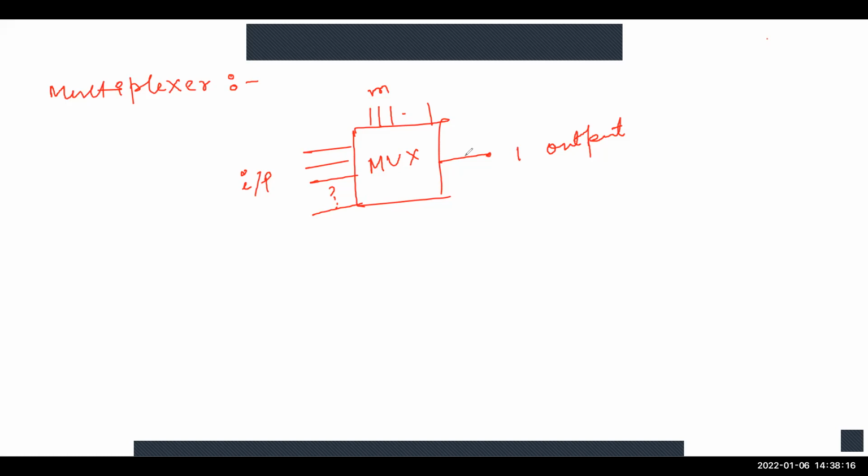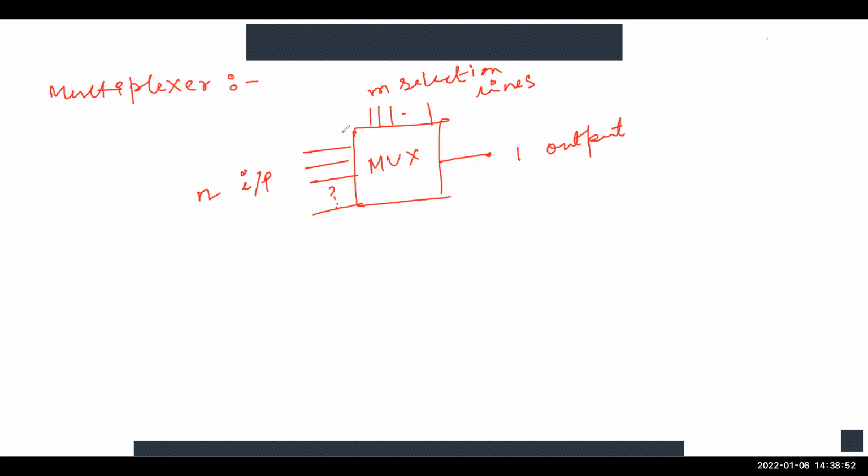Always remember, the multiplexer has n number of inputs and only one single output line, and the selection of a particular input line is controlled by a set of selection lines. So here the M are selection lines, and these are the n input lines.